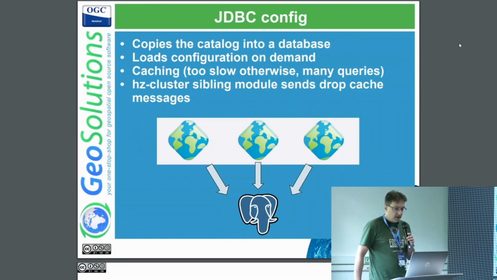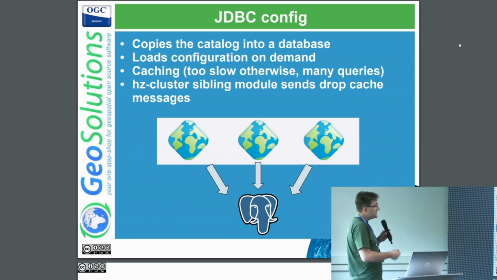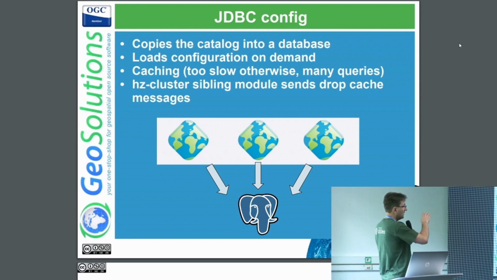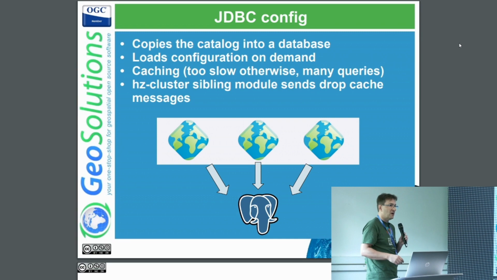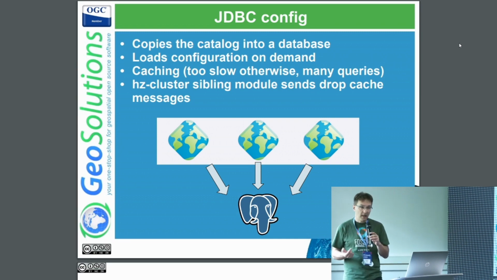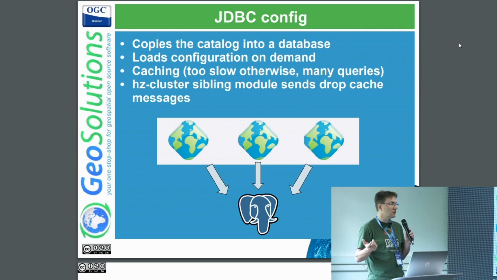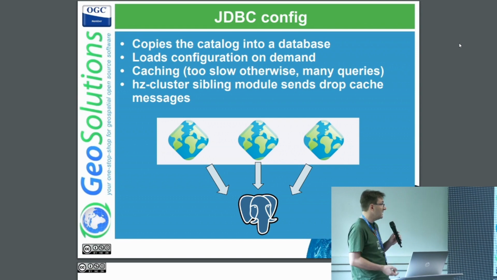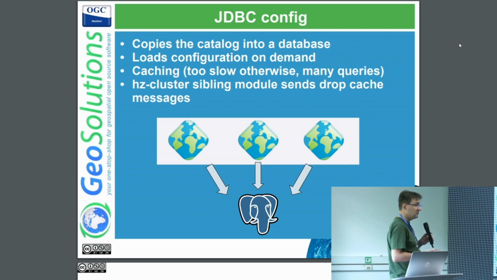The JDBC config case instead uses a shared database, and basically it doesn't load the configuration in memory, at least not at startup. And when it needs to find the configuration of a layer or a workspace or a style, it queries the database. At the beginning, it was probably without any sort of caching, and it was way too slow.